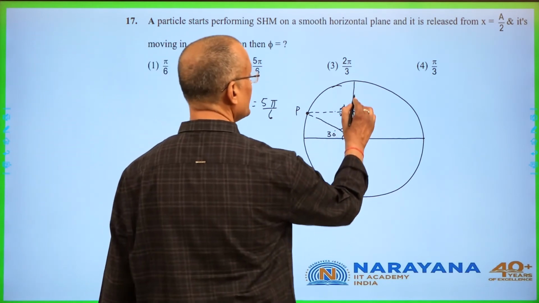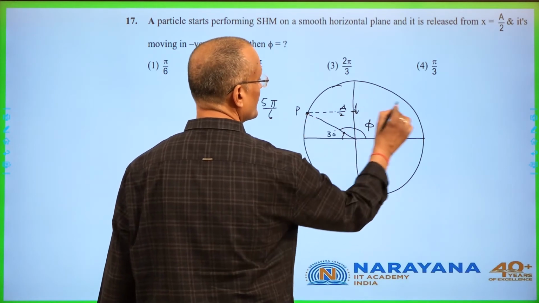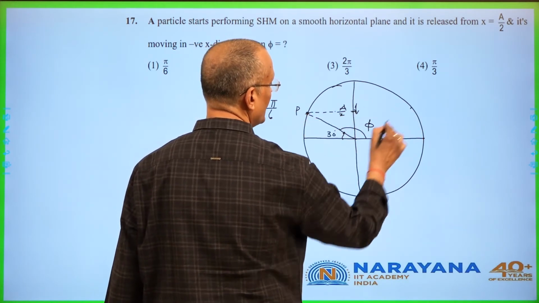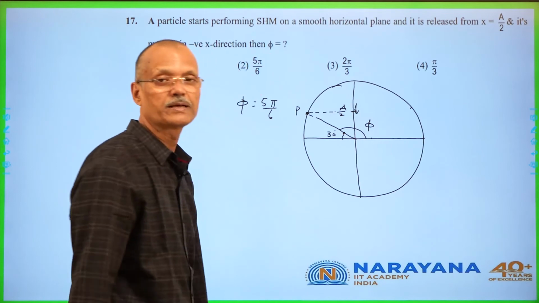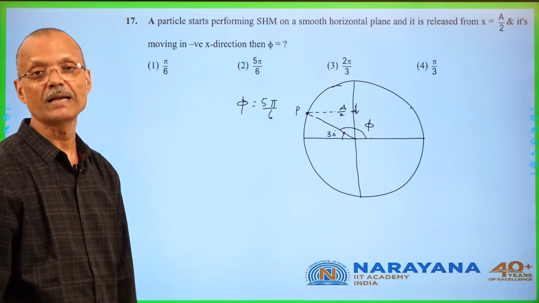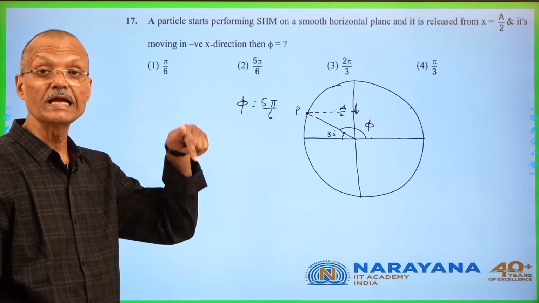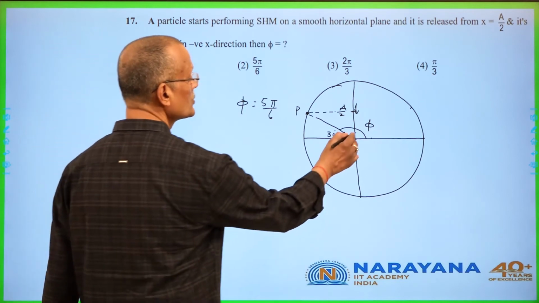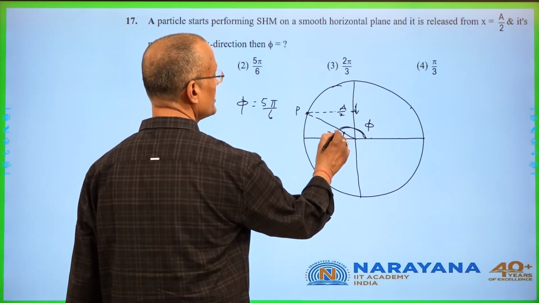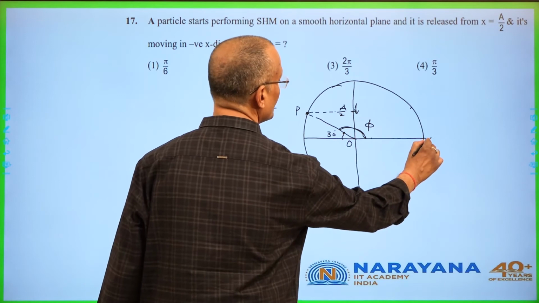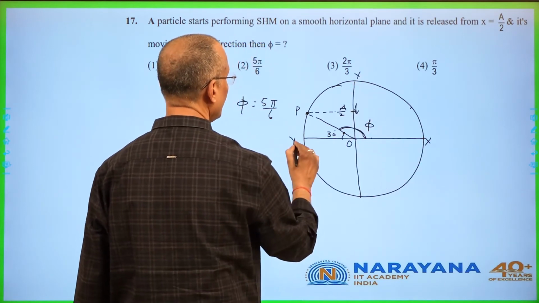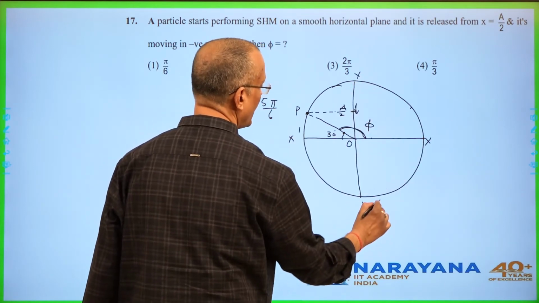If it will be moving in positive x direction, then rotating vector will come here and then phase will become phi, simply pi by 6. Because it is moving in negative x direction, so your phase difference is this much. You can mark 0, x, y, x dash, y dash.